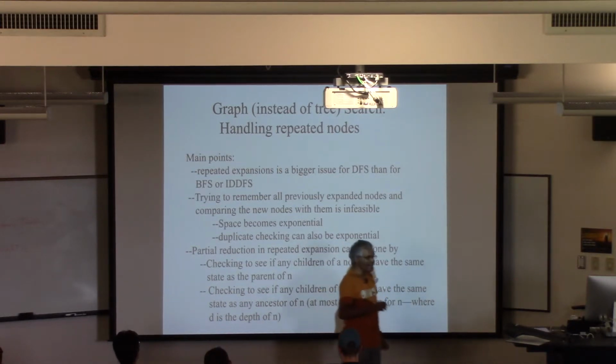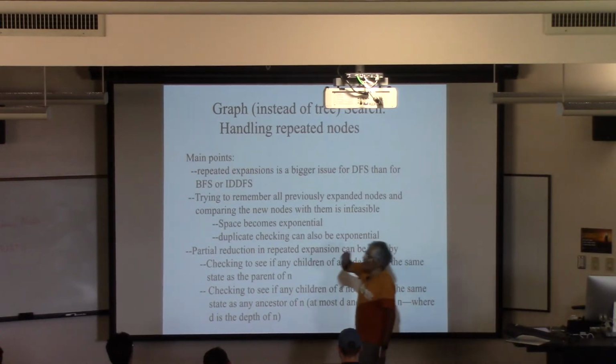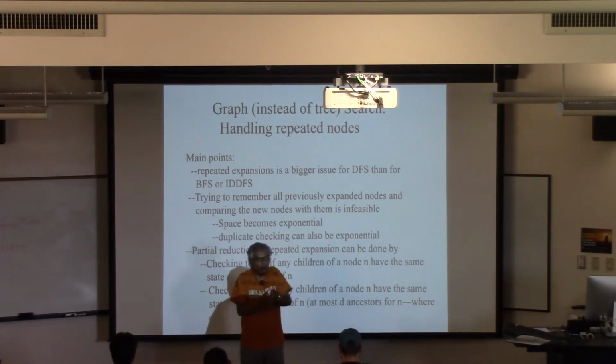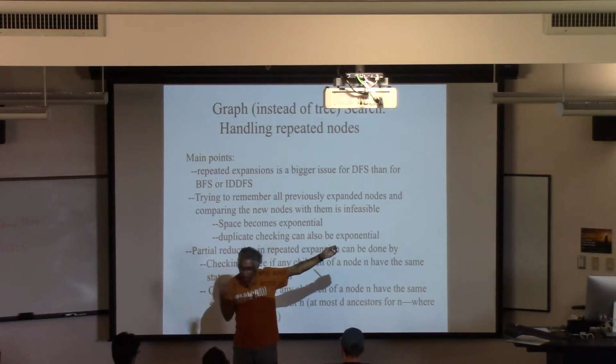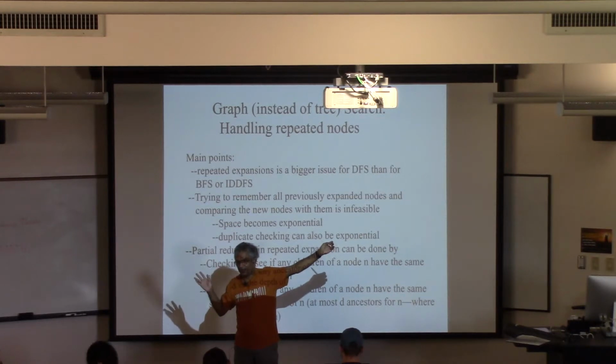So then the question is, will you ever have a scenario where there is an optimal path to the goal which contains loops? Will there ever be such a case? Do you understand what I'm saying?